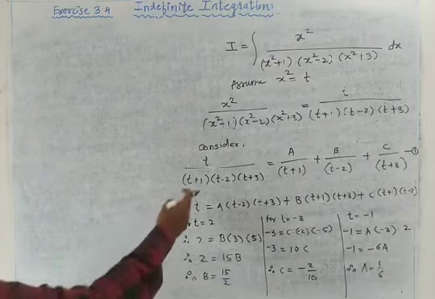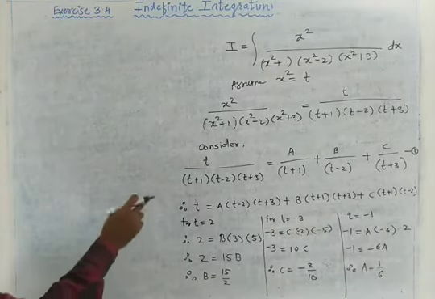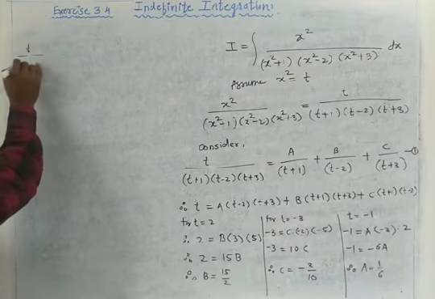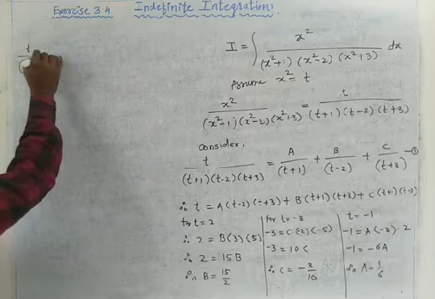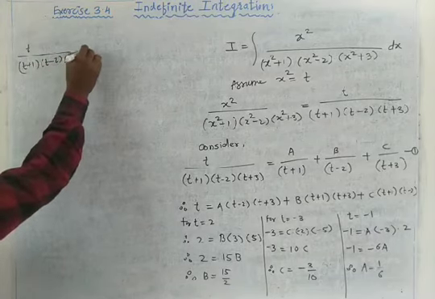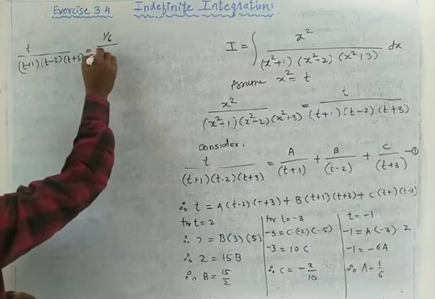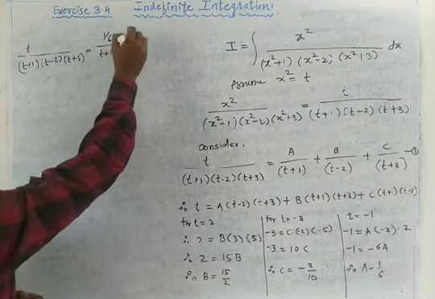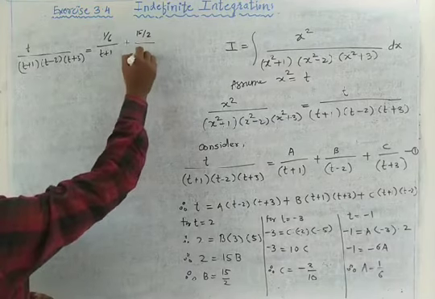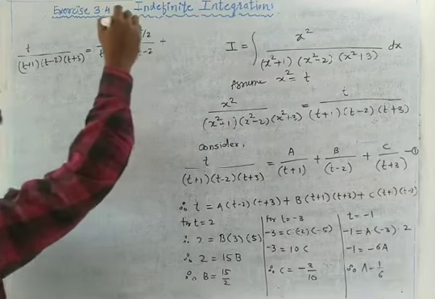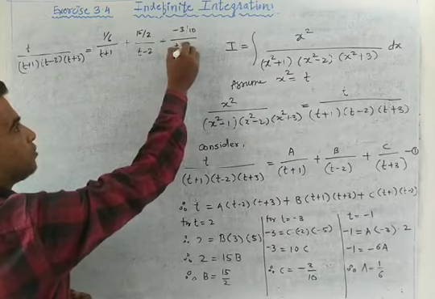So now this equation 1 becomes t upon t plus 1, t minus 2, t plus 3 is equal to a, which is 1 by 6 upon t plus 1, the value of b is 15 by 2 upon t minus 2, and the value of c is minus 3 by 10 upon t plus 3.